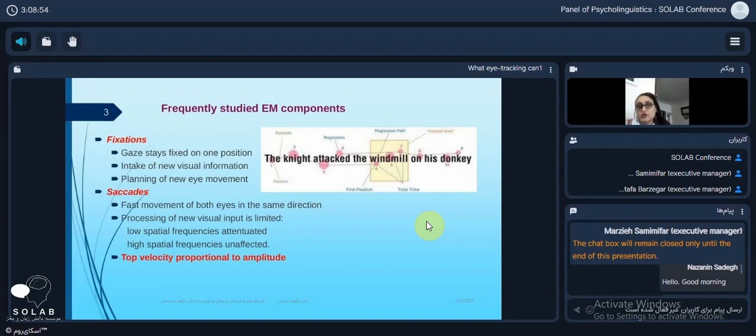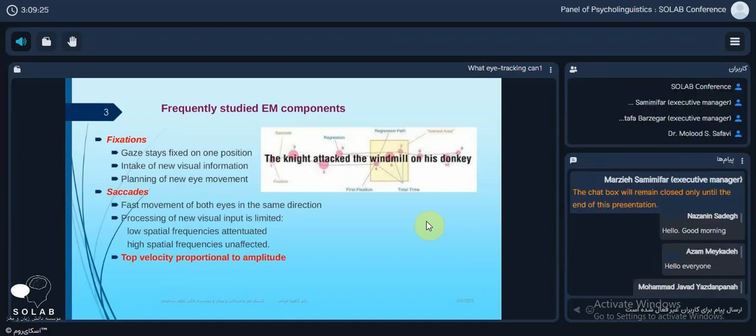You should know that eye tracking extracts information in spatial samples of space or environment. Second, saccades are fast movements of both eyes in the same direction, left or right, up or down. Processing of new visual input is limited: low spatial frequencies are attenuated and high spatial frequencies are unaffected.